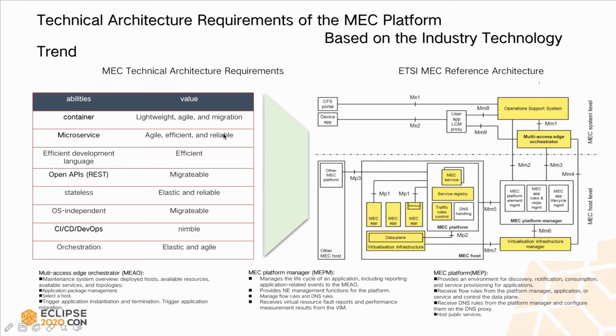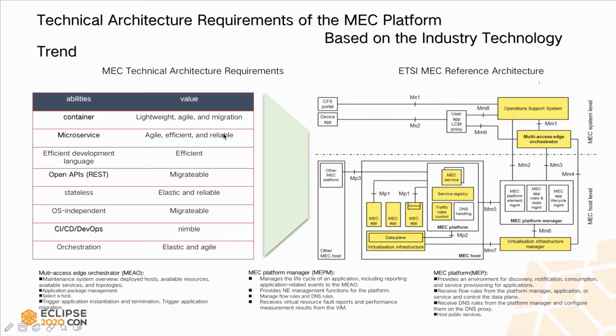The second part is MEPM, the MEC Platform Manager. It's responsible for managing the lifecycle of applications, including reporting application-related events to MEO. It provides network element management functions for the platform. It also manages both flow rules and DNS rules.